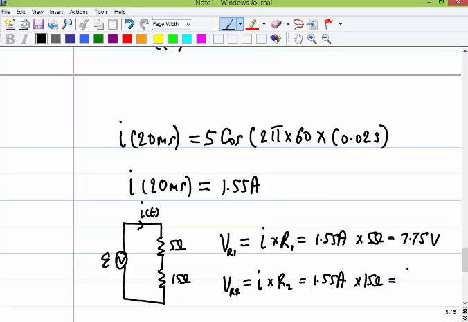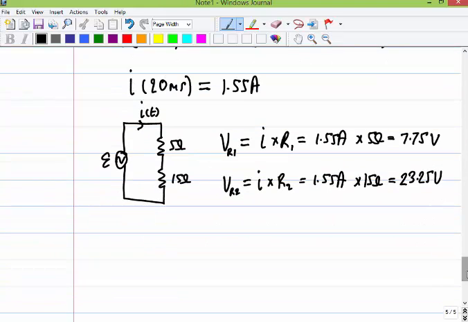So what would that be? 23.25 volts. So we've calculated the peak voltages across each resistor and the instantaneous voltage at a given time across each resistor.